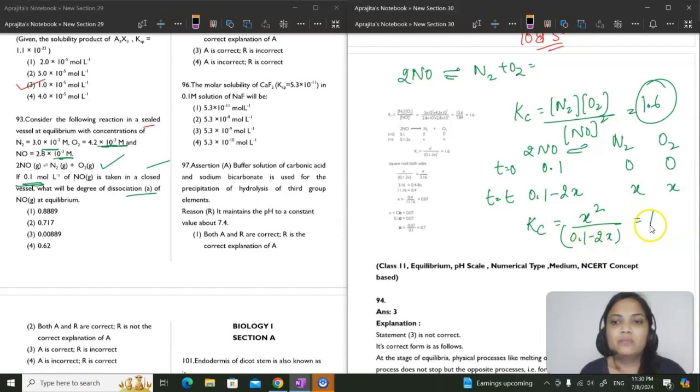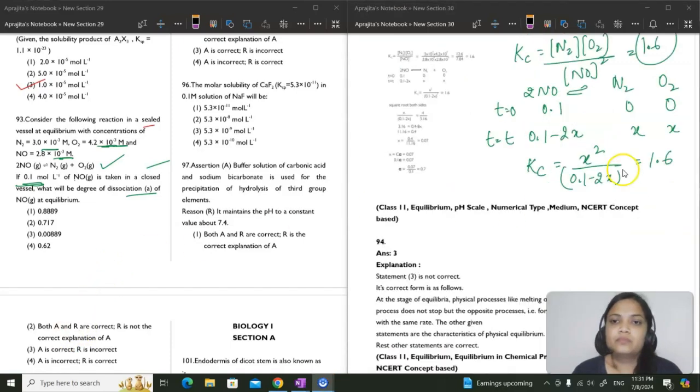But you know Kc will remain the same, 1.6. So just find the values from here. It will also be squared because we have 2 NO. Now you can take the square root on both sides. Okay, and after taking the square root on both sides, find the value of x. It will come out to be 0.07.